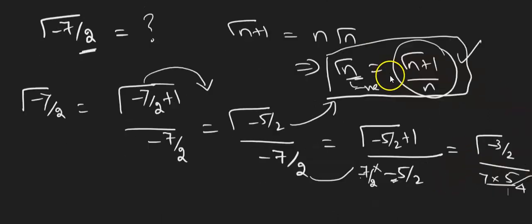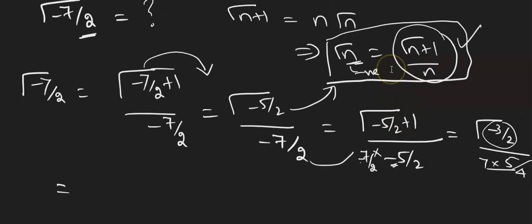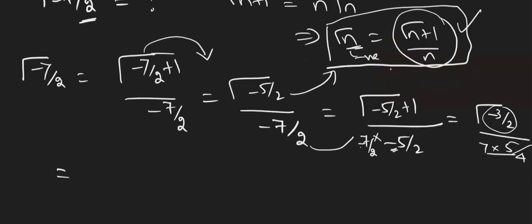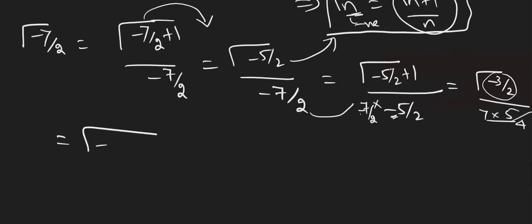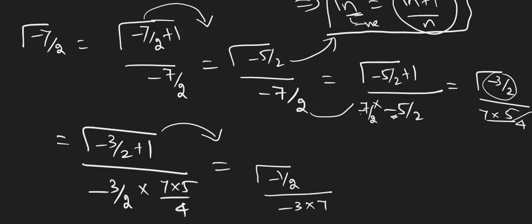Now again you can keep this as n. Again you are using the formula, what is gamma of n? Gamma of n plus 1 by n. So I am writing minus 3 by 2 plus 1 by minus 3 by 2. Already what you have? 7 into 5 by 4 is there already. So this becomes gamma of minus 1 by 2 by minus 3 into 7 into 5 by 8.